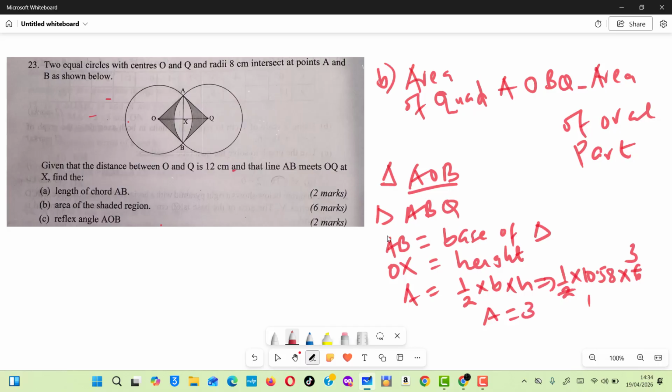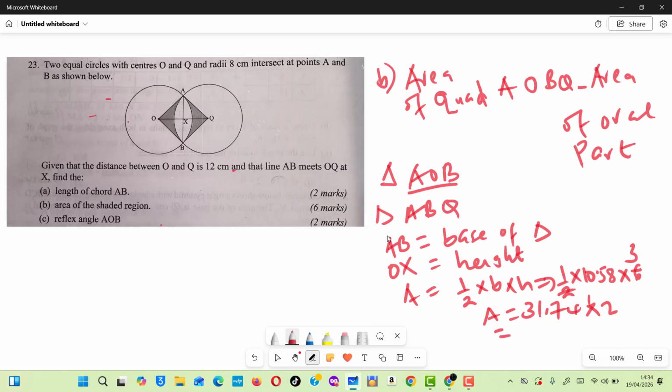That gives us 31.74, and since the quadrilateral is made up of two triangles which are of the same area, we can just multiply by 2. Therefore, the area of the quadrilateral is 63.48 centimeter squared.